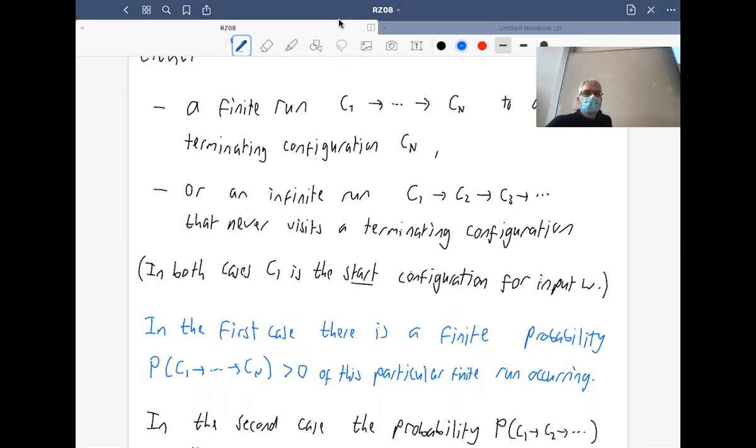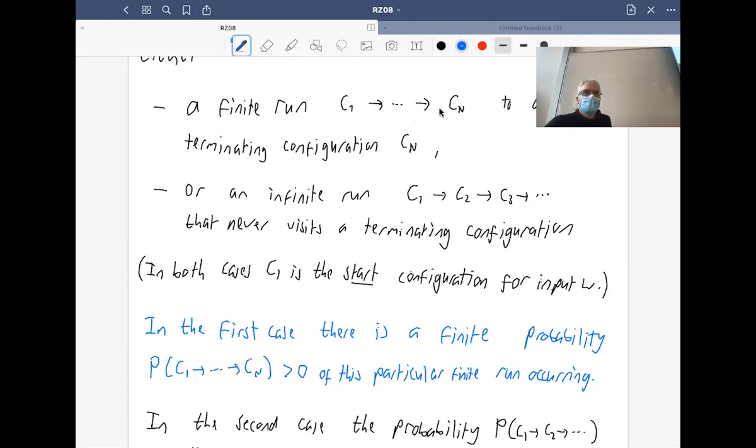And notice that in the case that the run is finite, then we've made finitely many probabilistic choices to get this run. So the probability of having obtained exactly this run will be the product, for each choice where we chose between k things, of the probability of having chosen the one we did, which is 1 over k. The k may vary from configuration to configuration, but it'll be the product of all those 1 over k choices.